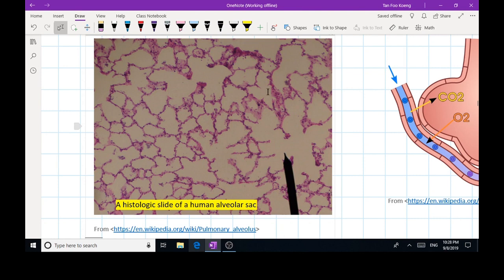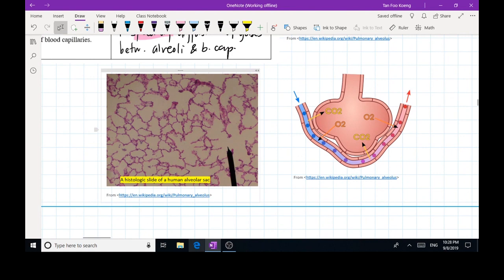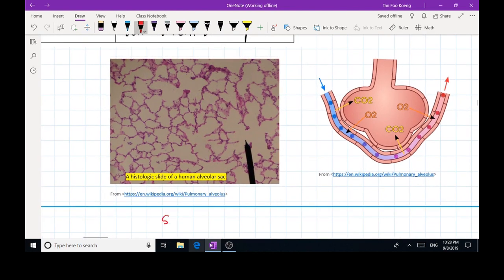Without the walls, the total surface area for gaseous exchange is much reduced, and it might cause SOB. What is SOB? SOB is short of breath. If you don't want to suffer from that, please refrain from smoking.